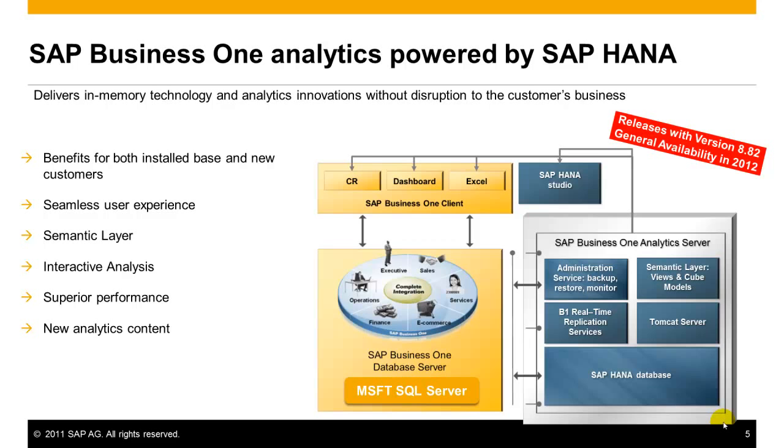Now we're bringing that data seamlessly across into the Analytics Server, which has 5 key components: the underlying SAP HANA database, the Business One real-time replication services, which is constantly pulling your data across from SAP Business One, the Tomcat server, which is an open source application that serves up all of the user interface and some of the business logic behind the SAP HANA database.